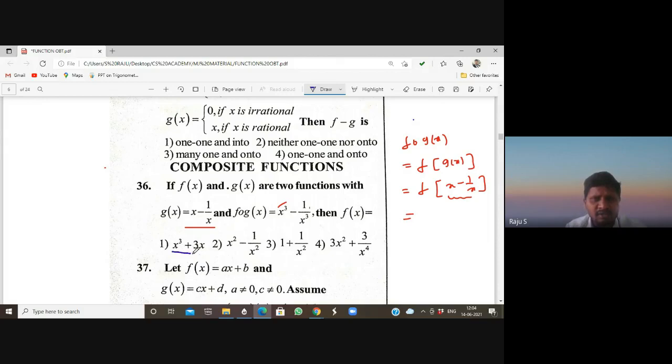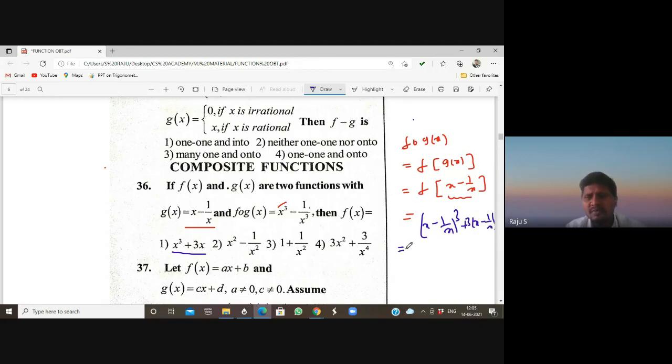First option, x cube plus 3x is there. Substitute x minus 1 by x in place of x, all of you, and tell me here. x cube becomes x minus 1 by x whole cube, plus 3 into x minus 1 by x.